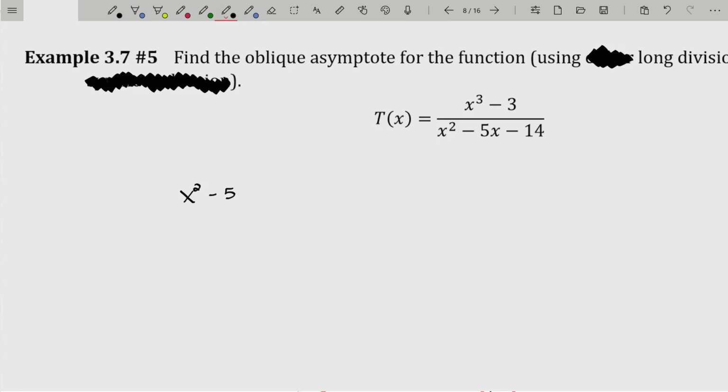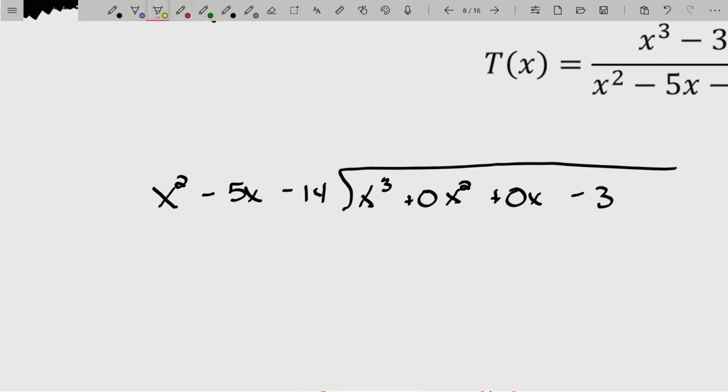I want to know how many times x squared minus 5x minus 14 goes into x cubed plus 0x squared plus 0x minus 3. I need those placeholders in there. How many times does x squared go into x cubed?